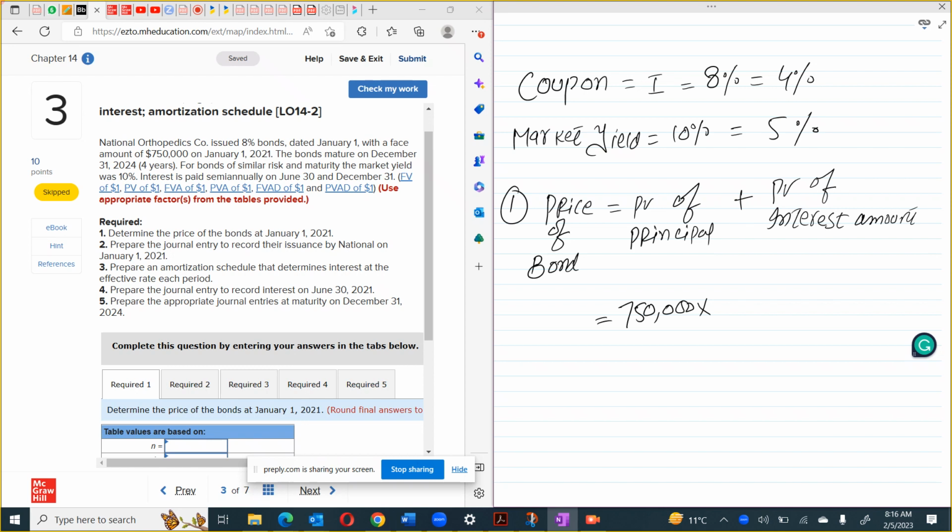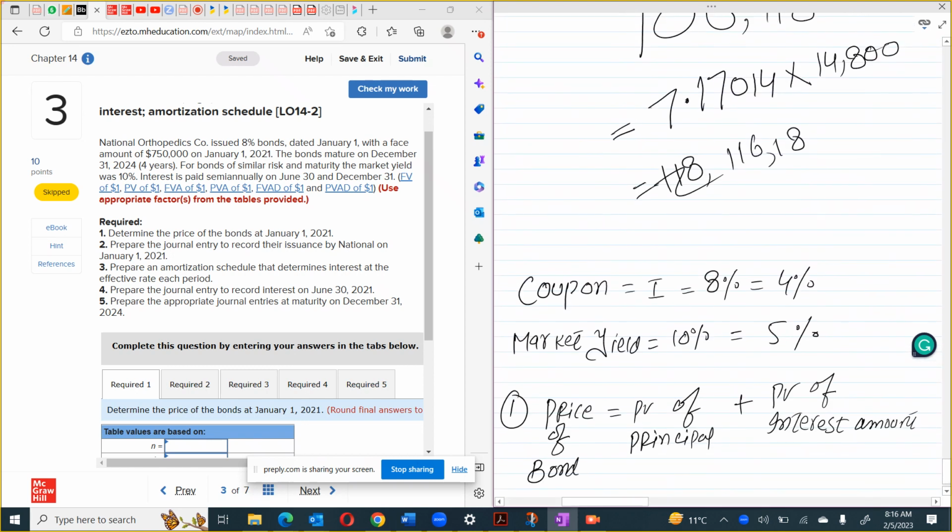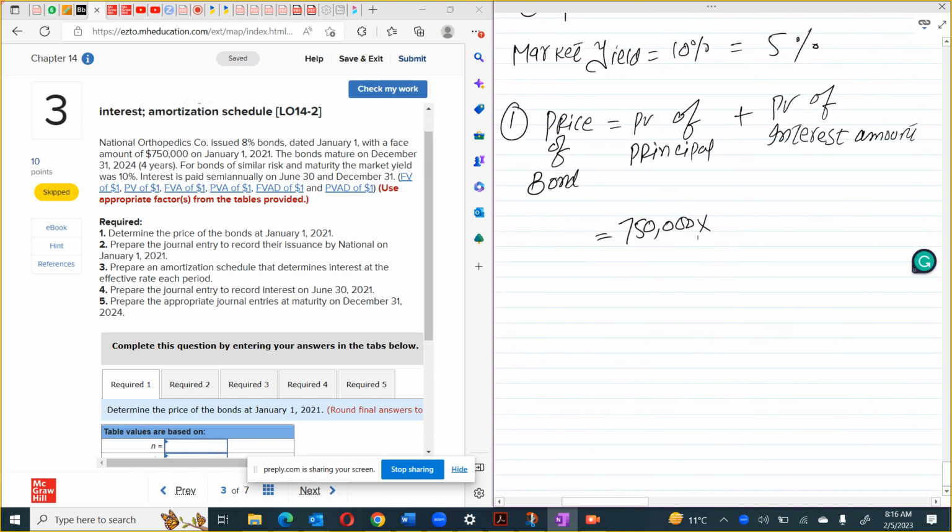So it is 0.73069. Your examiner is using 5 digits. Now I will multiply 750,000 times 0.73069. It is 548,018, plus the present value of interest.